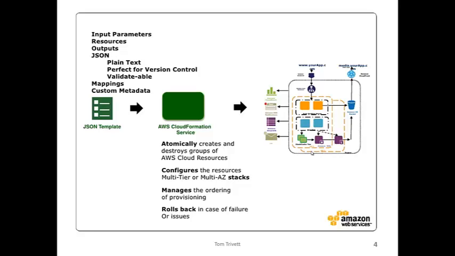When we have our JSON template, it doesn't really matter how it's created, whether we created it from scratch, took it as a sample, or used CloudFormer. Essentially, we take that JSON template and run it through AWS CloudFormation, where everything's parsed out and the resources are allocated.